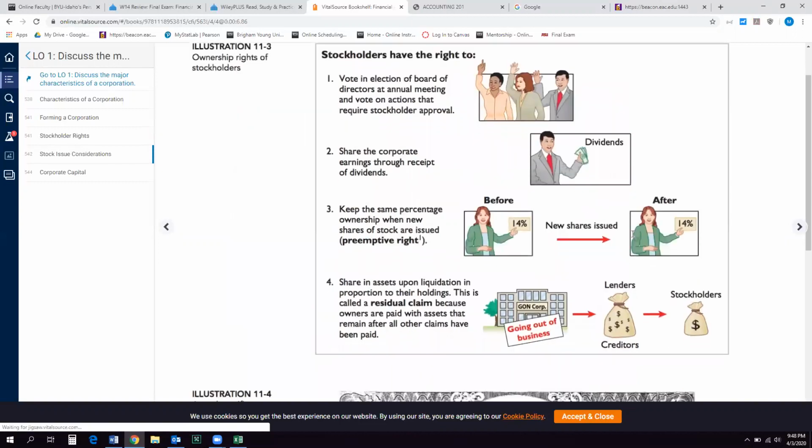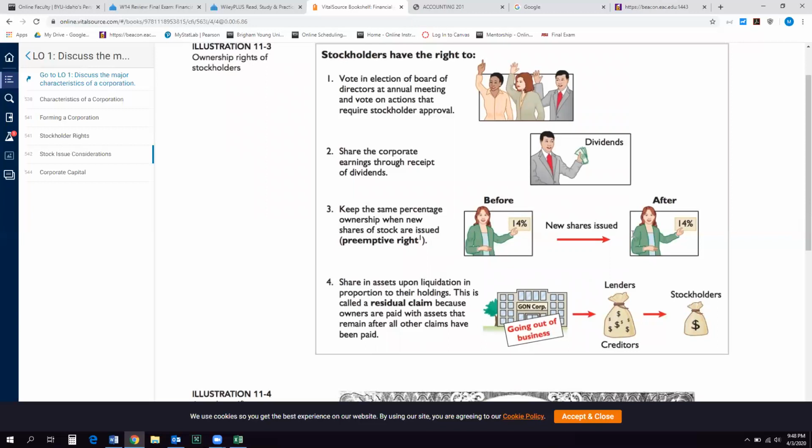So stockholders get to vote for the board, so they get a say in the board of directors. They get a share of earnings through dividends. They get to keep the same percent of ownership even when new shares of stock are issued. That's called preemptive right. So if they issue new shares of stock, they've got to give some to me so that if I had 14% before, I'll have 14% after.